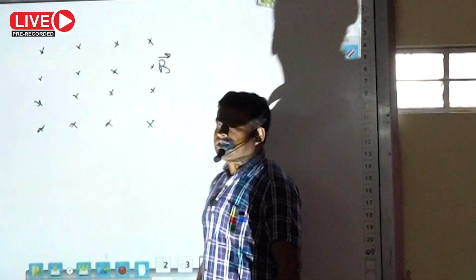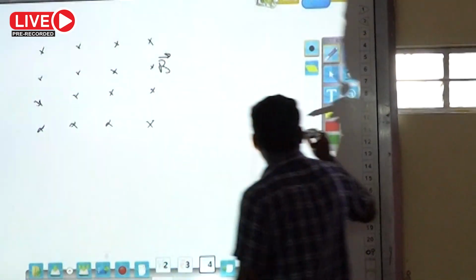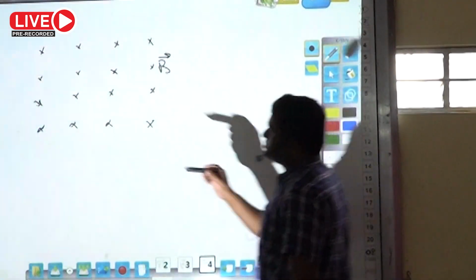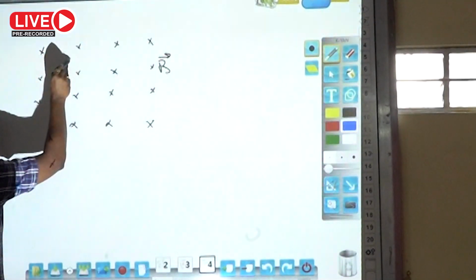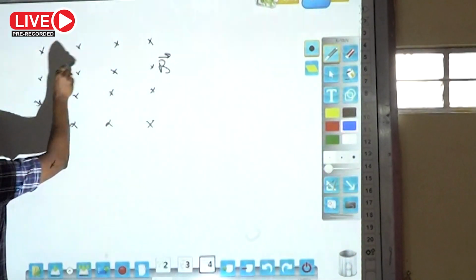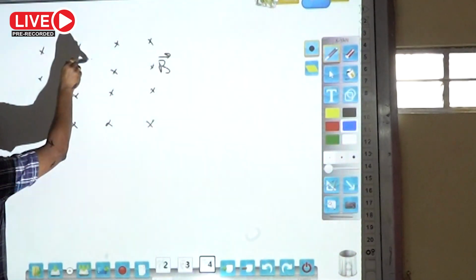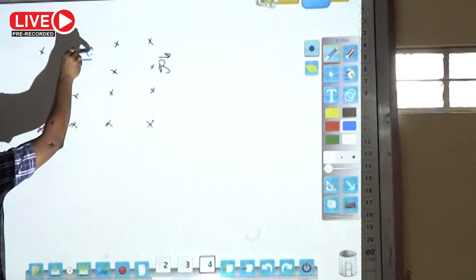Now we consider a charged particle released from this portion along this with a velocity v.